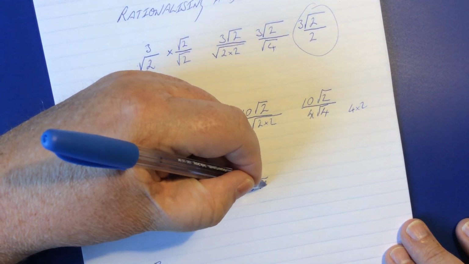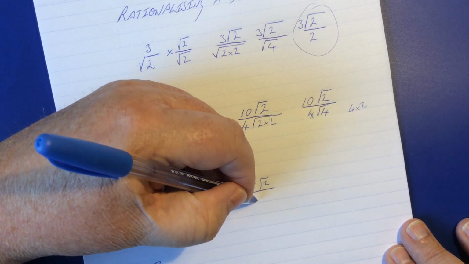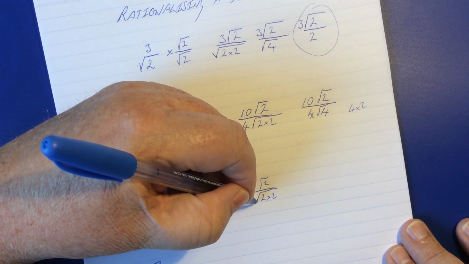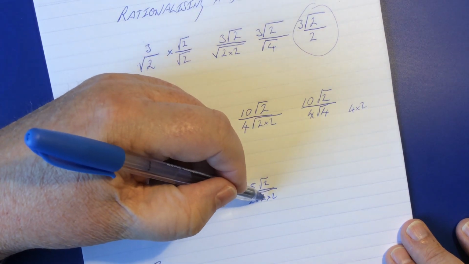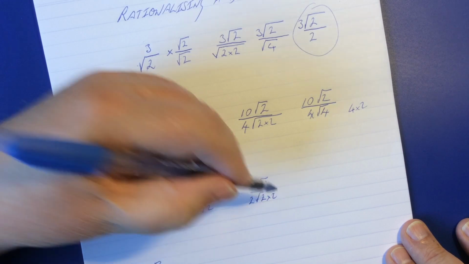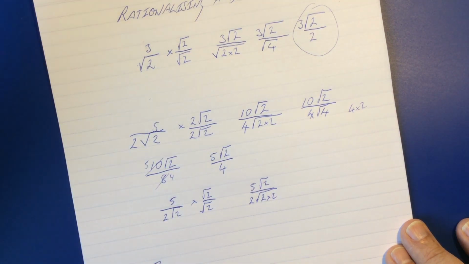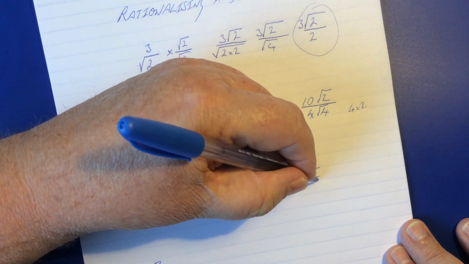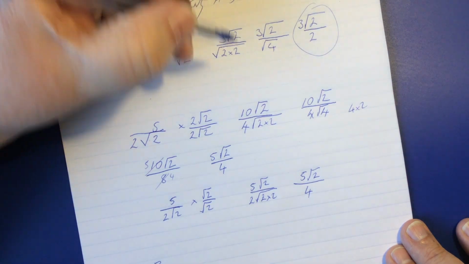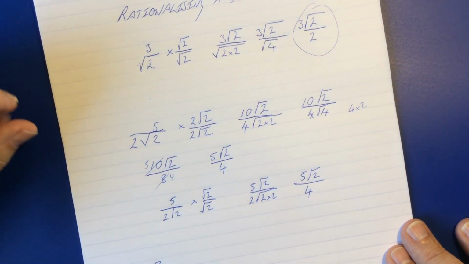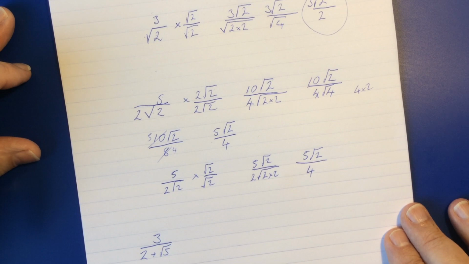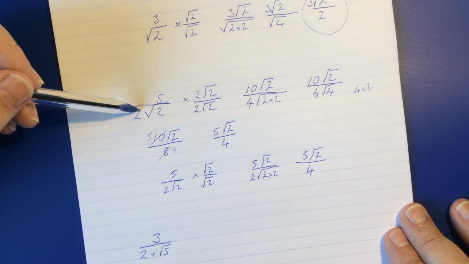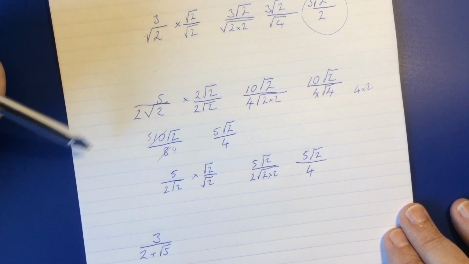We get 5 root 2 on 2 times 2 times root 2 times 2. Say it more slowly and you won't make a mess of it. That's 5 root 2 over 4, which is the answer that we got here. Okay, so that's where you've got a denominator that's basically one expression.